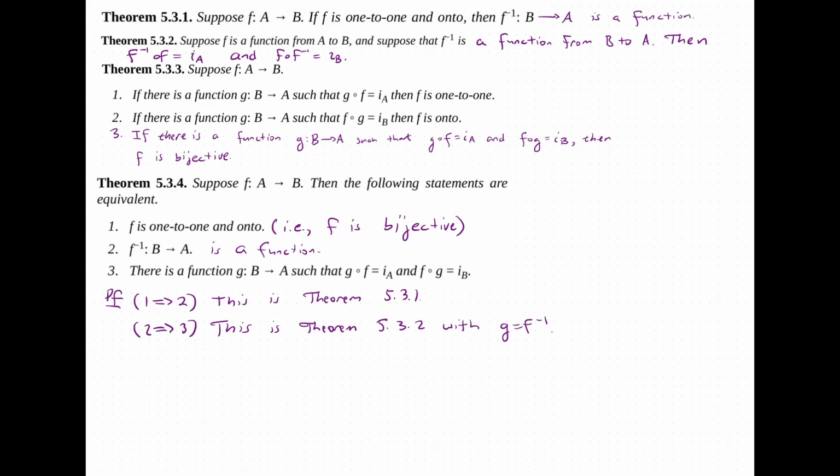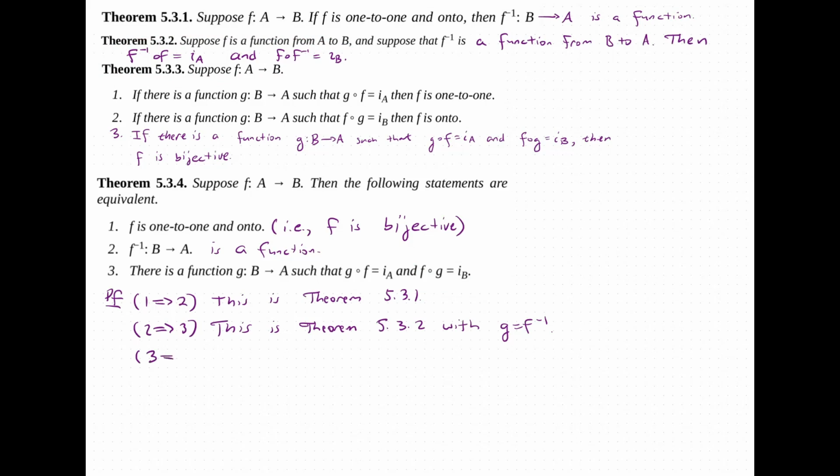Because if we let g be f inverse, we have f inverse compose f is the identity on A, f compose f inverse is equal to the identity on B, which is the conclusion in 5.3.2. So we got that statement.